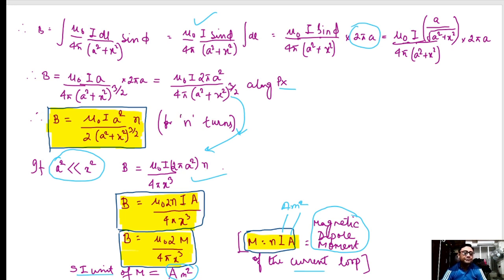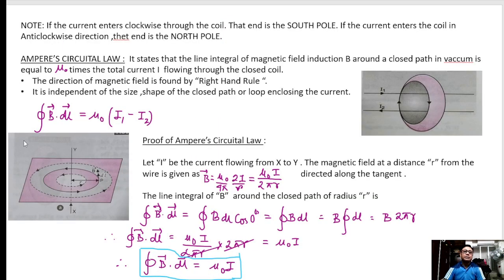Please watch here. Next, you have to take a note of this, that if the current enters clockwise through the coil, that end is the south pole. Please watch here.